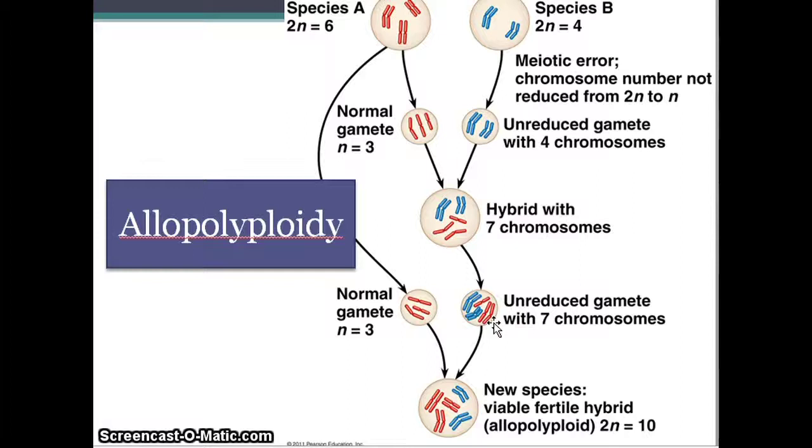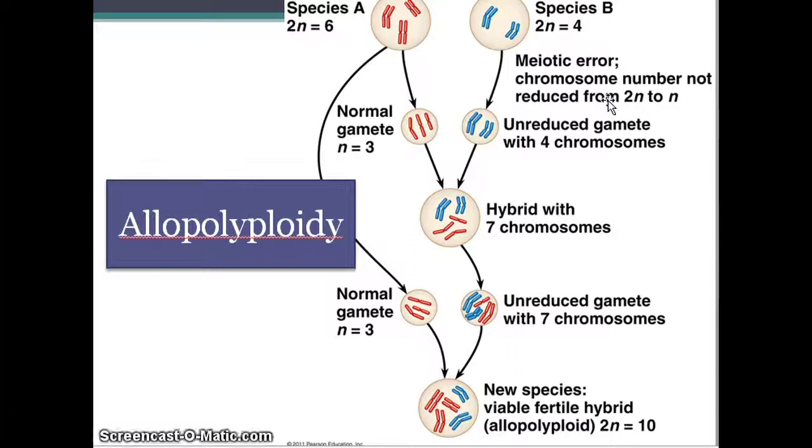Okay, so what happened is this hybrid crazy alien tried to mate with something else, with a normal one of the mother or father species. That has a normal gamete of 3. So you add 7 plus 3, and you get 10. Okay, so you create a brand new species from an error that occurred on either the father or mother side.